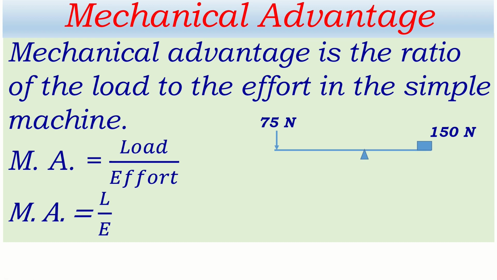In this case, if 150 Newton is the load and the effort applied is 75 Newton, then load divided by effort, and the result is what? 150 divided by 75 becomes just 2, and mechanical advantage at this time is 2. And it can be assumed like this: the load is raised to a certain height with less effort.